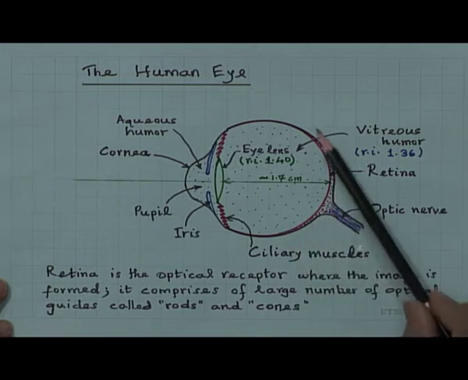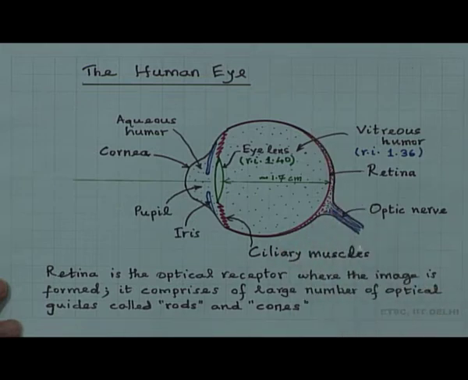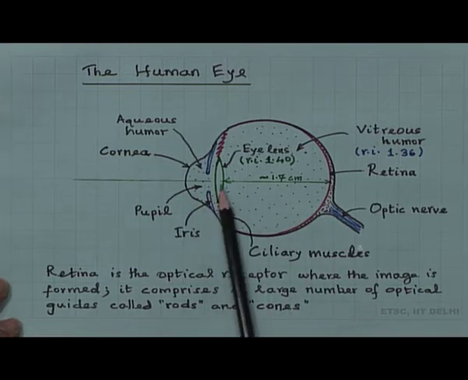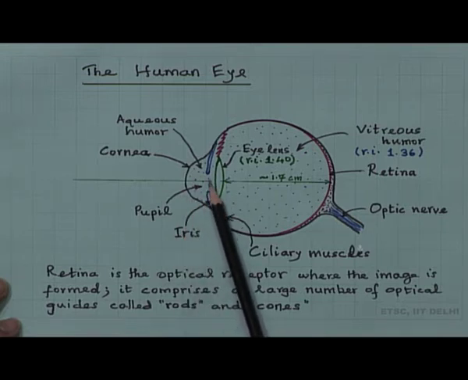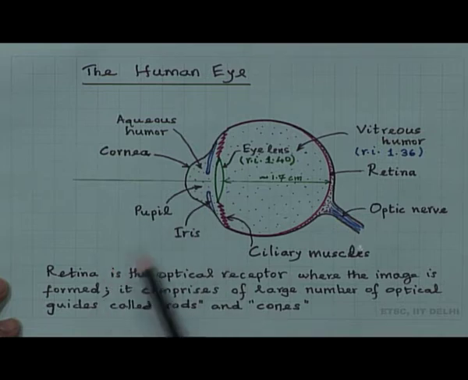This is the light receptor which acts like the image sensor, and here is the eye lens, the most important lens, and what is shown here is the iris. Iris is a diaphragm or a membrane with a hole, and the hole size can be adjusted.